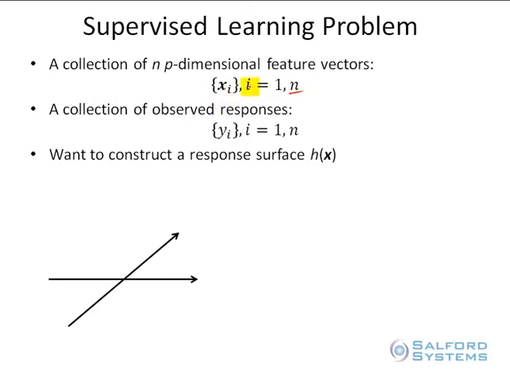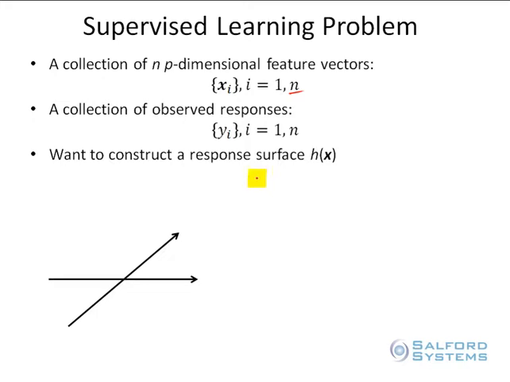So again, each subject is described by a set of characteristics, p-dimensional feature vectors, and there will be n of them. And then on top of it, we have a collection of observed responses, which is essentially y sub i, i goes from 1 to n.